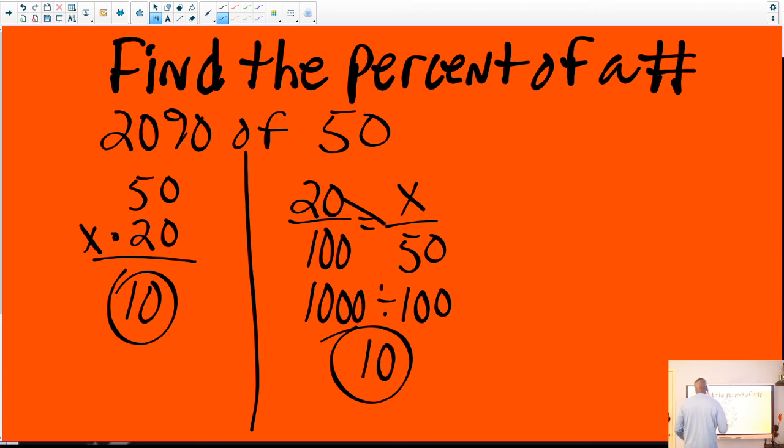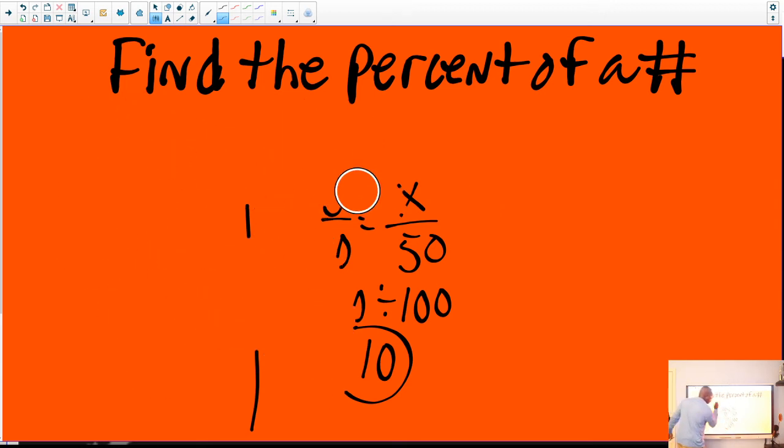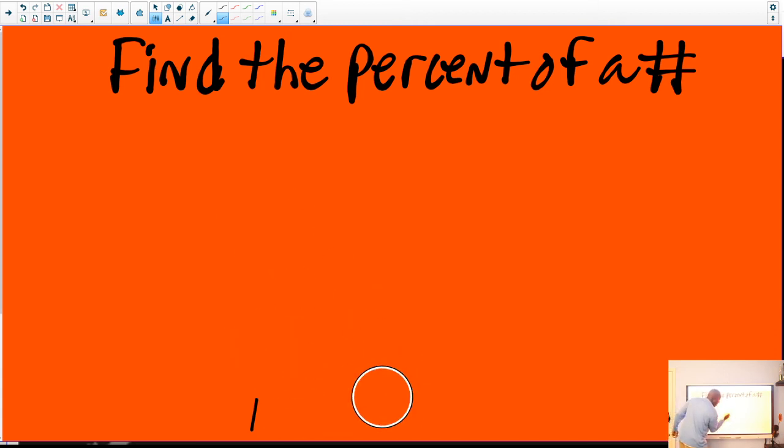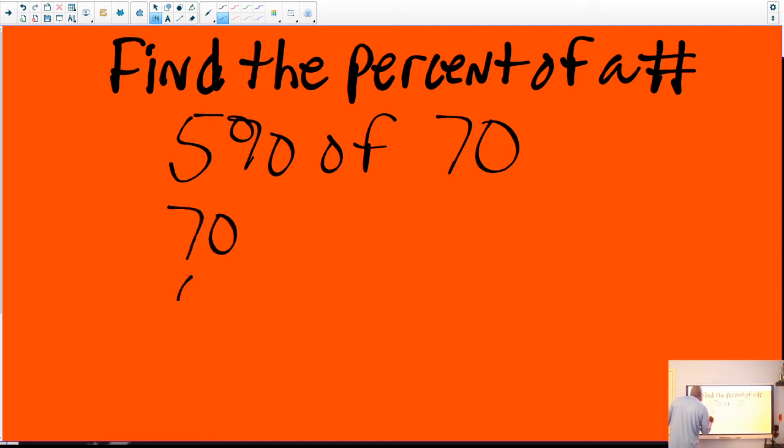Let's do another one. So if you got like 40%, no, let's do 5% of 70. You can do it 2 ways. You can do 70 times 0.05.